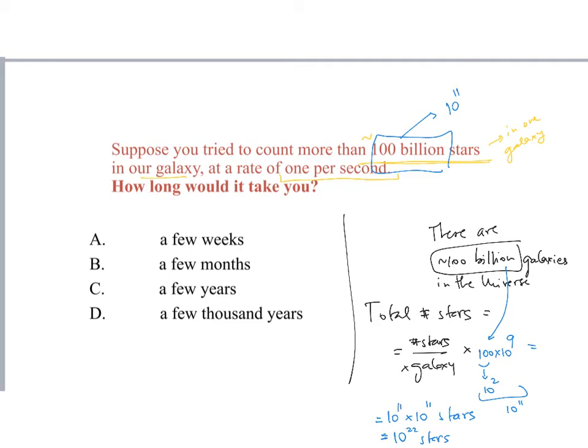And also, just a simple calculation. So you can try to work that out. So we have 100 times 10 to the 9 stars, and that is seconds, right? And you can convert that into maybe minutes. So this is again 10 to the 11, and you can convert the seconds.